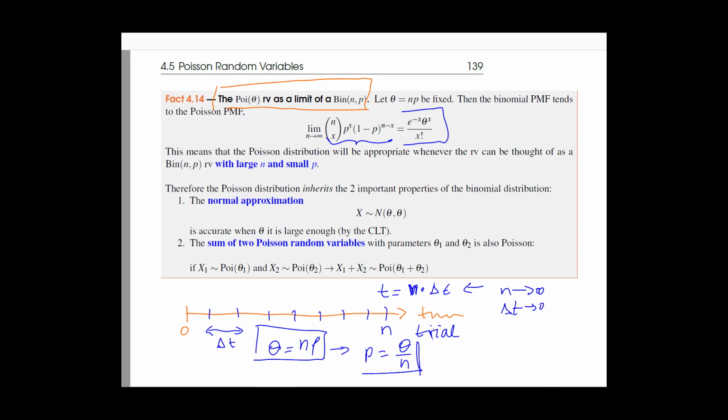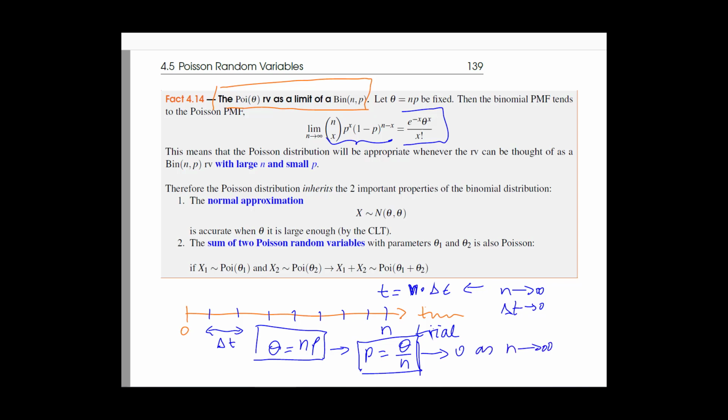So that is going to be our definition, if you will, of Poisson variables. The limit of a binomial when n goes to infinity, right? So the number of trials is very large, but also by looking at this equation, p goes to 0 as n goes to infinity.